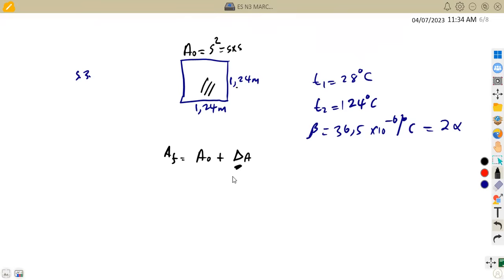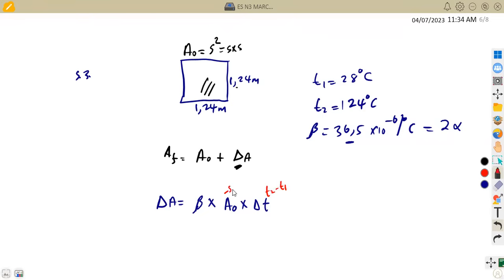But what about the change in area? We're supposed to calculate this first. Remember, if you are given beta for area, the change in area is going to be beta times the original area times the change in temperature, which is T2 minus T1.